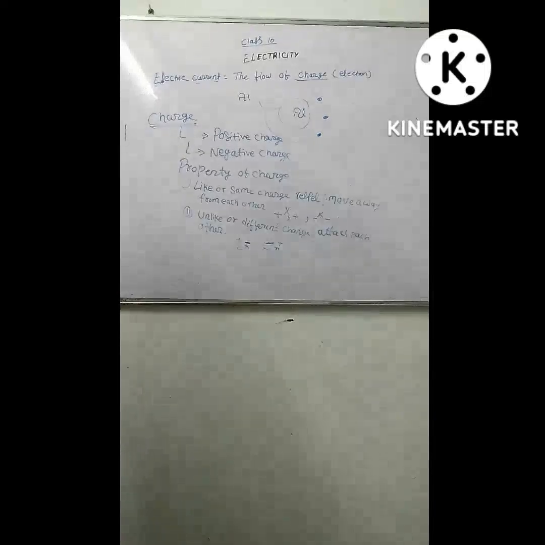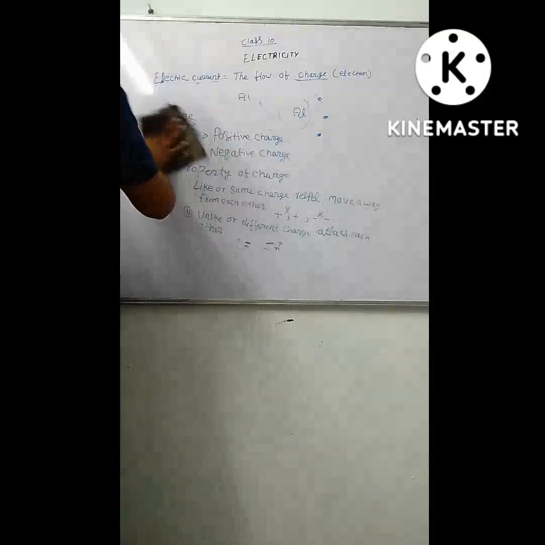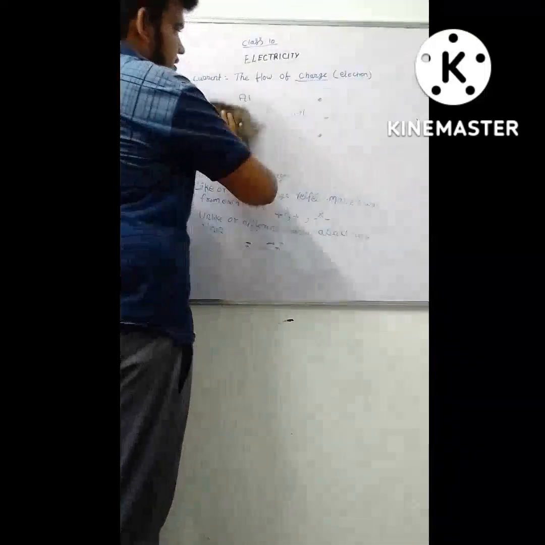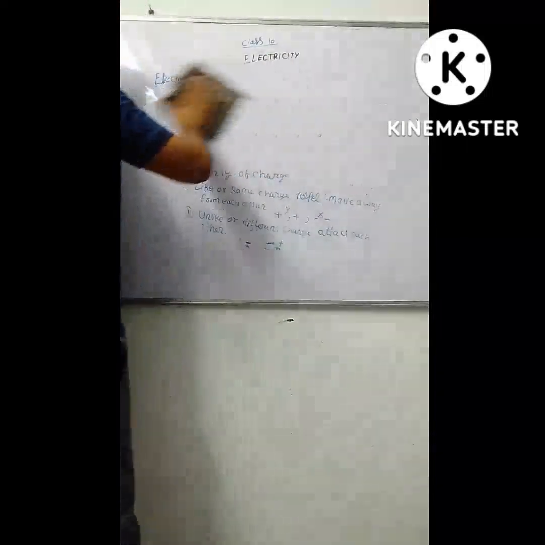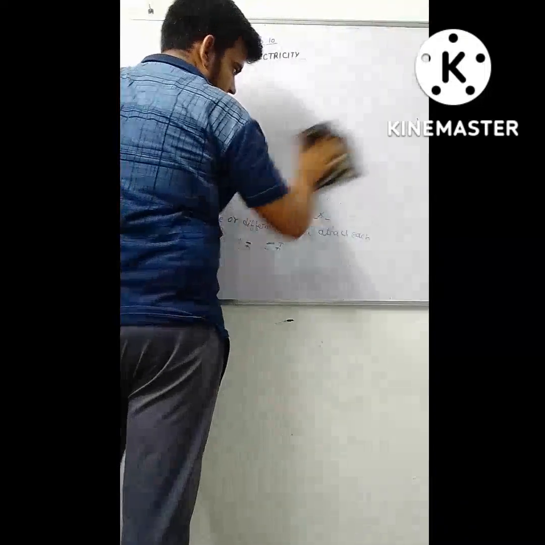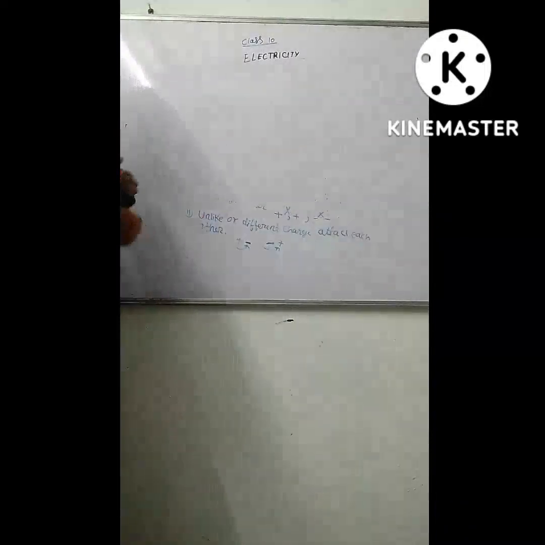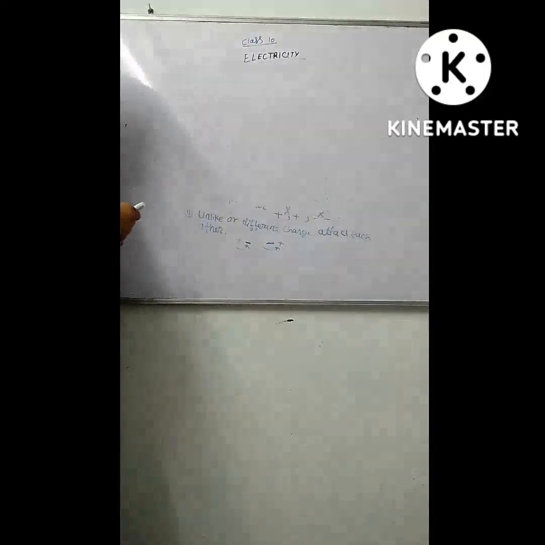Now we have to discuss which kind of material conducts electric current and which kind of material does not conduct electric current. Okay, so there are two kinds of material.